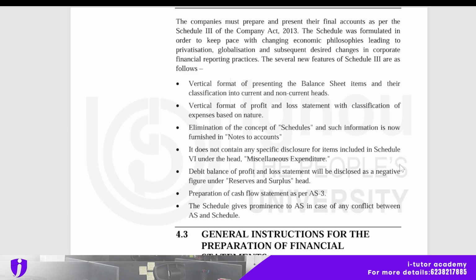Elimination of the concept of schedules, and such information is now furnished in notes to accounts, and it does not contain any specific disclosure for items included in Schedule 5 under the head miscellaneous expenditure. Debit balance of profit and loss statement will be disclosed as a negative figure under reserves and surplus head, and preparation of cash flow statement as per AS 3, and the schedule gives prominence to AS in case of any conflict between AS and schedule.